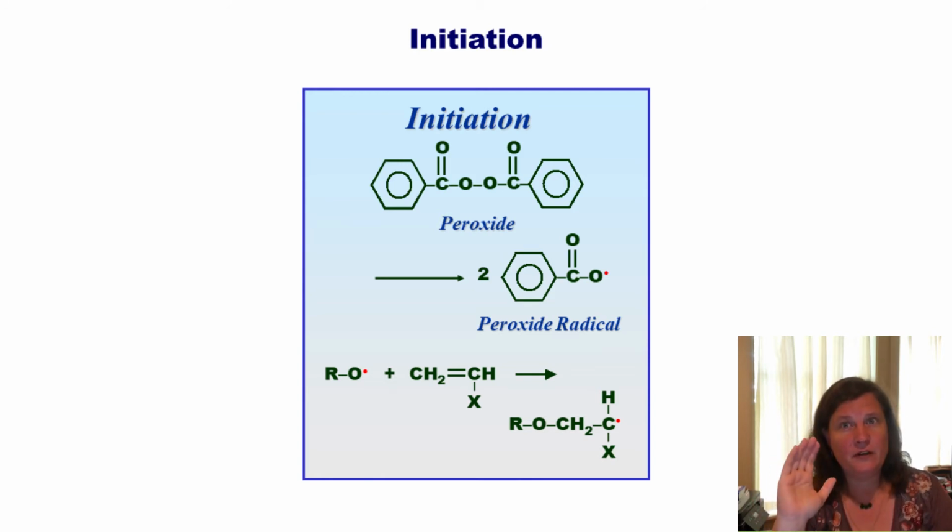So remember, the definition of initiation is getting the active site on the first monomer. So we have to activate the initiator, and then the initiator has to add the first monomer. So these 2 reactions are our initiation, are required for initiation.